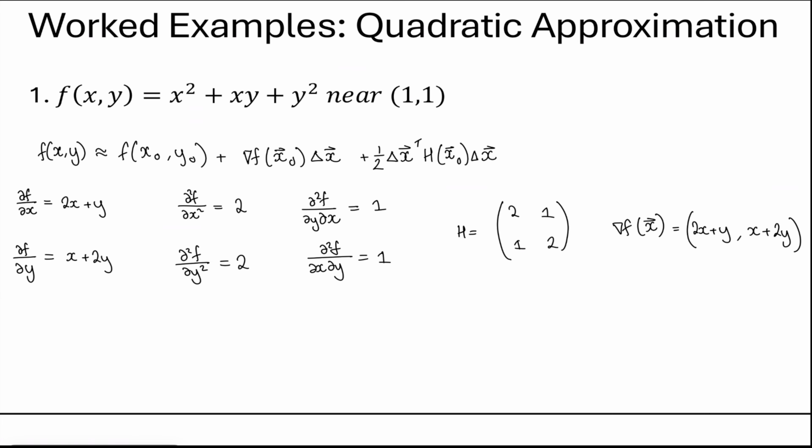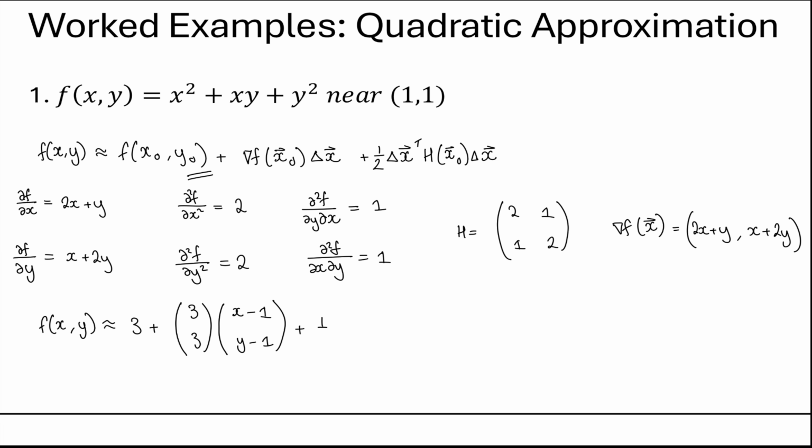Now, from this information, if we calculate the quadratic approximation, we will first begin by substituting in (1, 1) into this function, because that's what we need to do first. So we get 1 plus 1 plus 1, which is 3, and then plus the gradient with (1, 1) substituted in, which just gives us 3 and then 3. And we're going to multiply that with x minus 1 and then y minus 1.